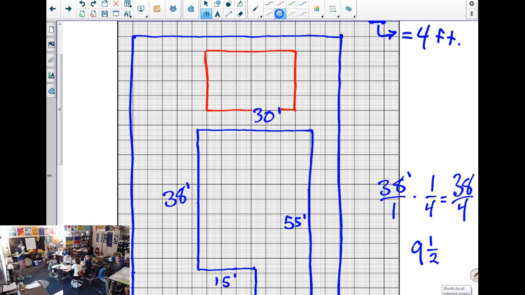Who can walk me through how we figure that out? Do you know my scale factor? Yeah, it's 4. I was just setting you up a box that you had to convert. So guys, the biggest thing here is that conversion of using that scale factor to go either way.